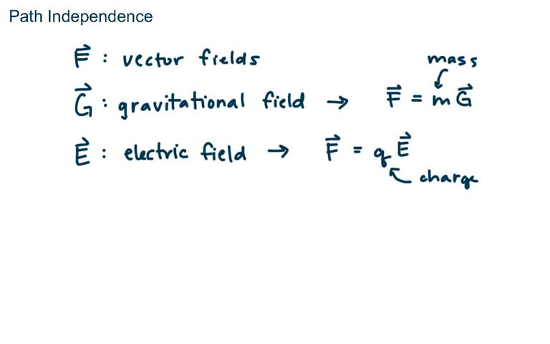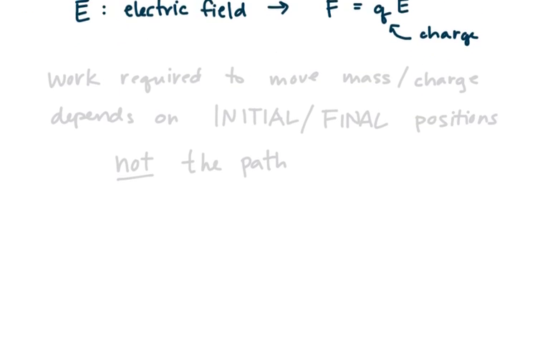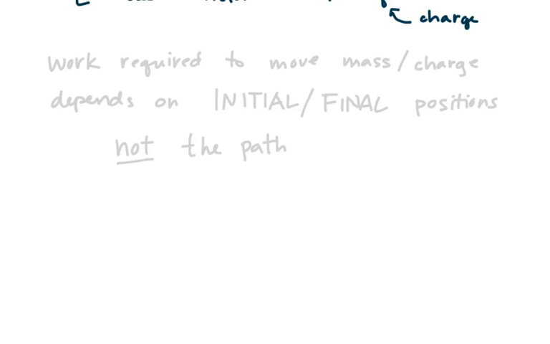In both of these types of fields, the work to move a mass or that charge Q depends on both the initial and the final or terminal positions, not the path. And since the path doesn't matter so much, that means we can be traveling from some initial point A to a terminal point B, and we have lots of different paths that we could take to get there.